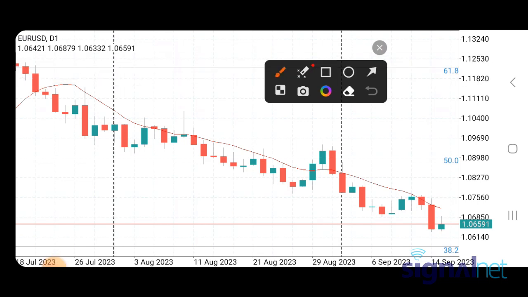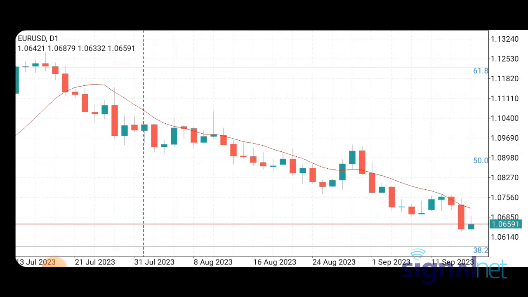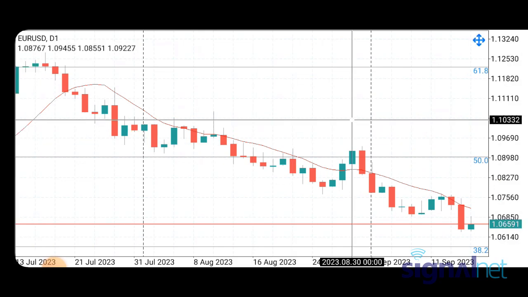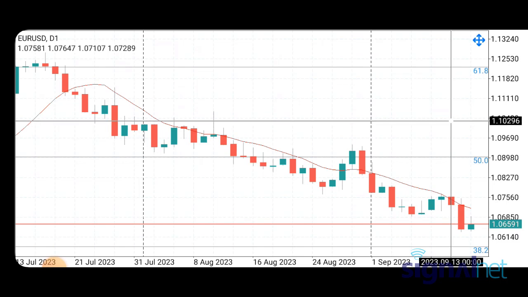For the daily chart, I would suggest that we use this place here as our stop loss. Let me check the exact price of that, even though it's kind of high. That level is 764, which is about 100 pips.